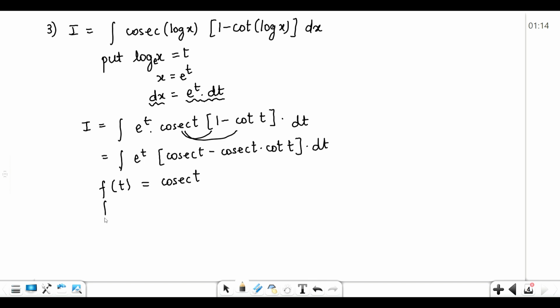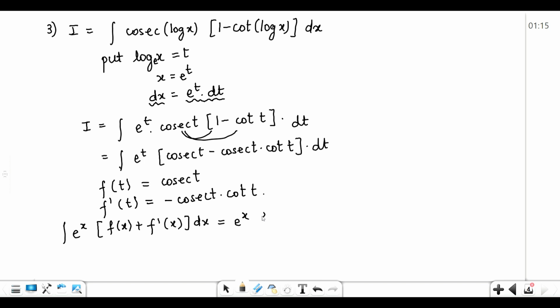The derivative of cosec, if you remember, is nothing but minus cosec t into cot t. So we know the derivative, right? So we'll write the formula, that is, integral of e raised to x into f of x plus f dash of x dx is equal to e raised to x f of x plus c. You always have to include this formula.